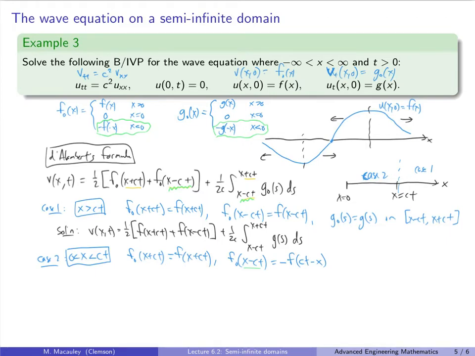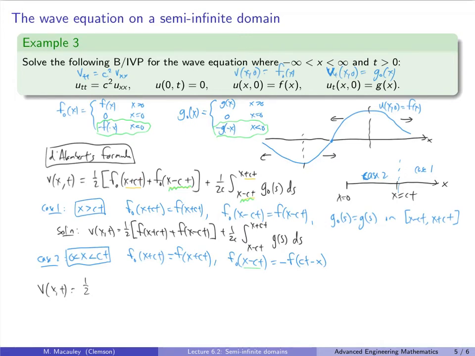So let's write down the solution. v of x, t is 1/2. I'm not going to write this whole line down, I'm just going to modify this line. This line still holds, but I'm going to write these f naughts in terms of f.